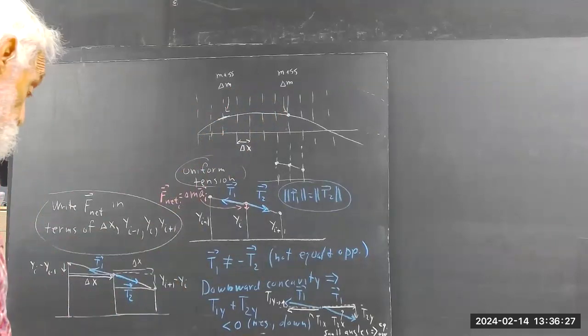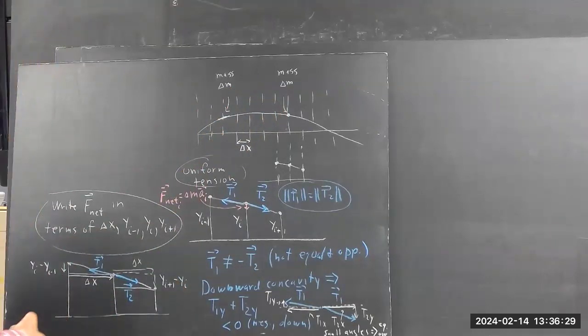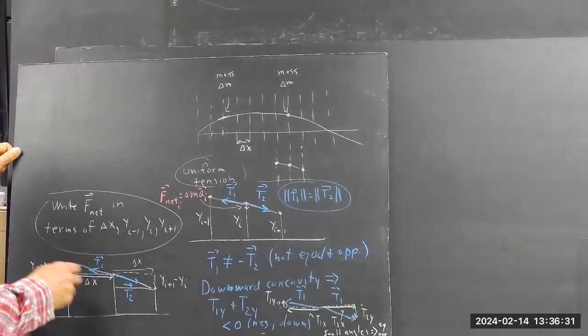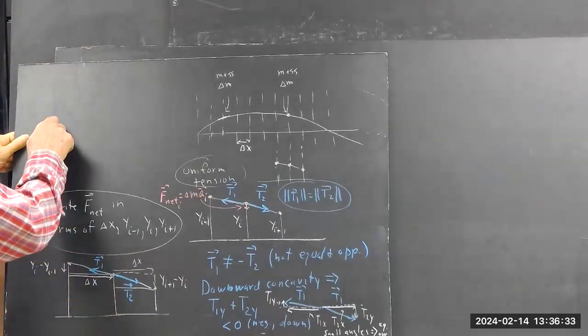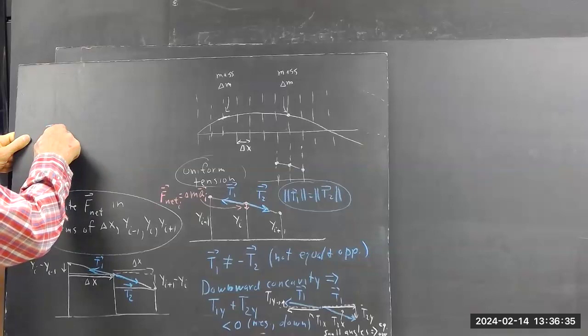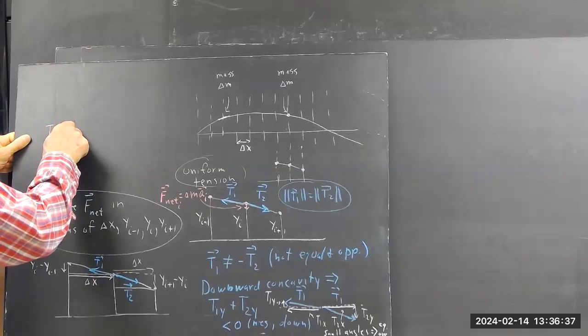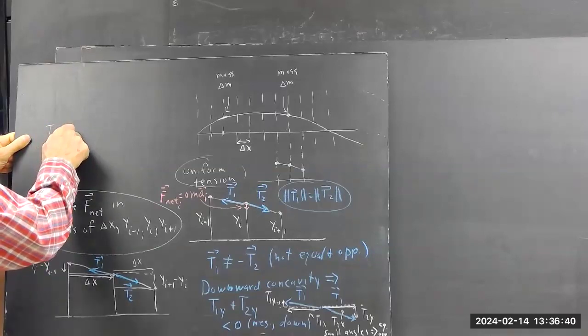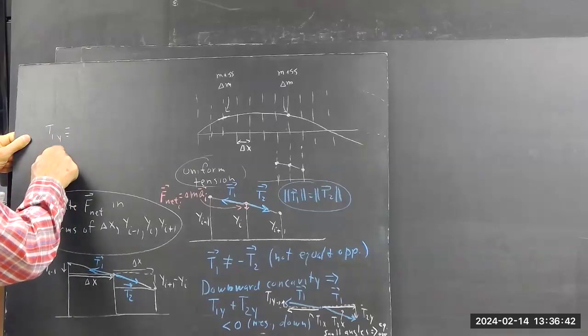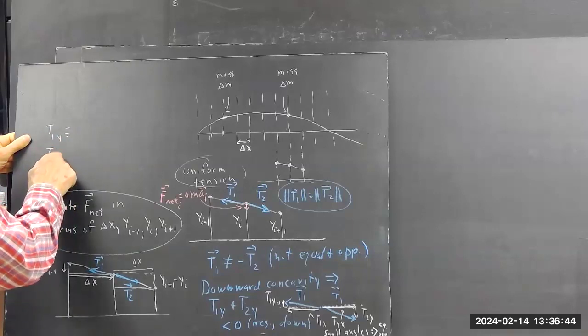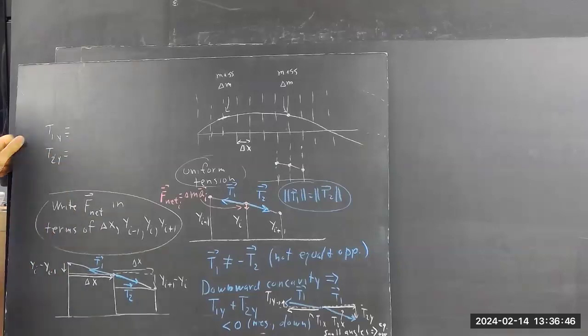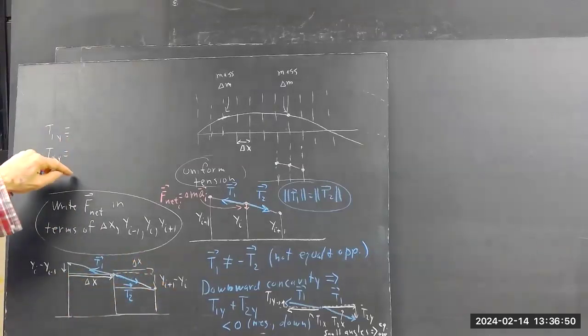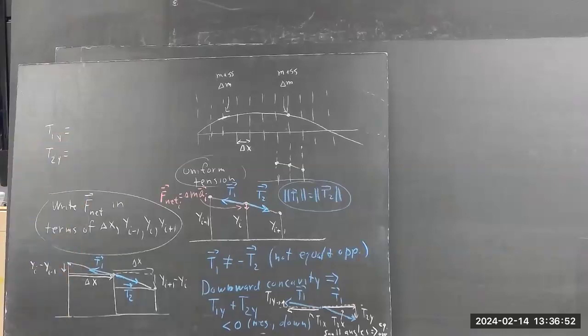Okay. Then, in terms of these pictures, and these quantities that I've labeled here, what's T1y and what's T2y?